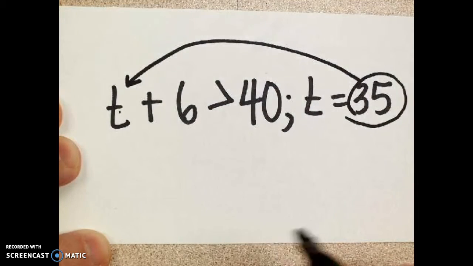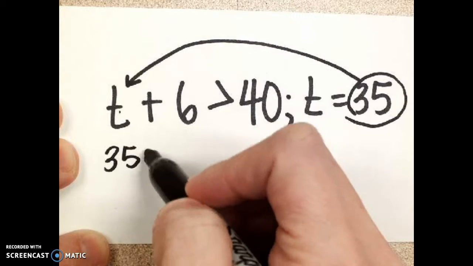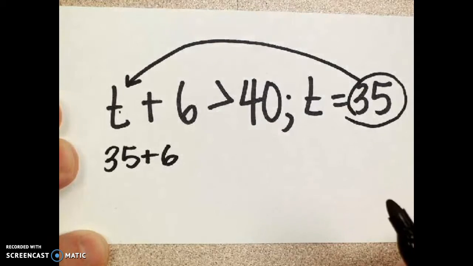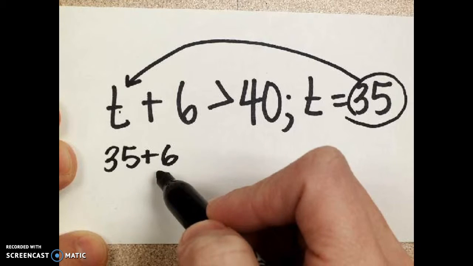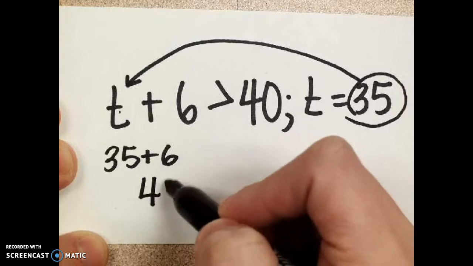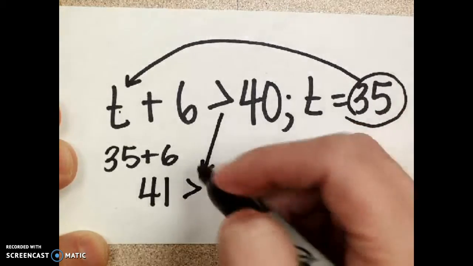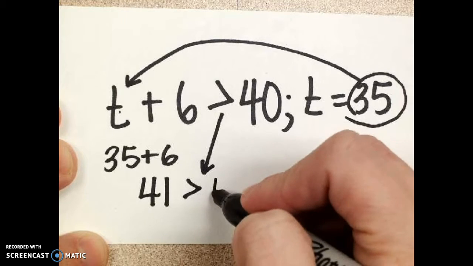So now our number sentence, instead of t, would say 35 plus 6. Well, let's think. 35 plus 5 would give us 40, plus 1 more to get 6 would be 41. Is 41, look, that's the greater than sign. Is 41 greater than 40?